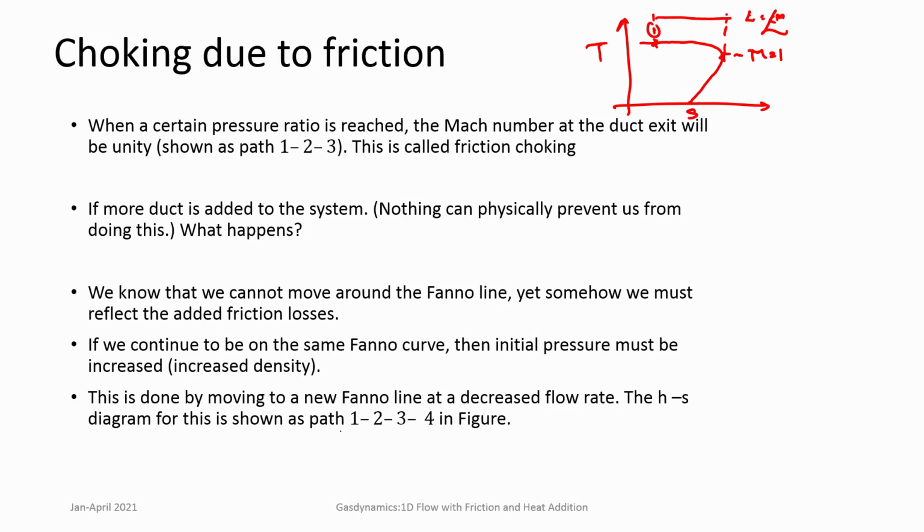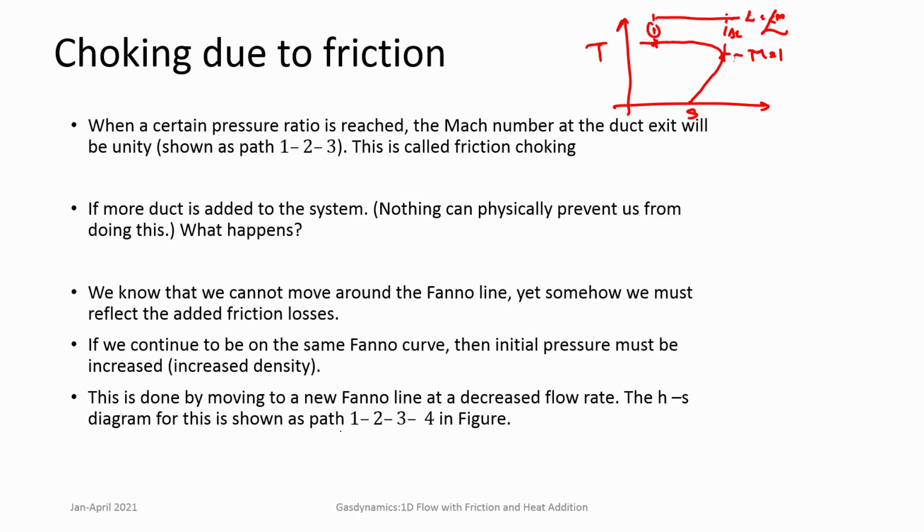Now, if you look at this curve and ask the question, at this point if I increase the length by a small length delta L, what happens? Of course, this cannot be done because there are no solutions on the right hand side, and also an initially subsonic flow can only go up to a maximum of Mach number equal to 1, and you cannot go beyond that.